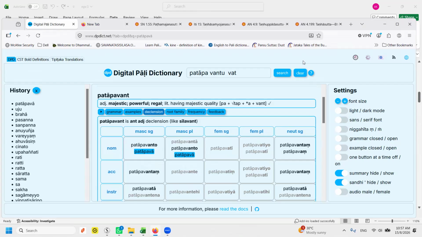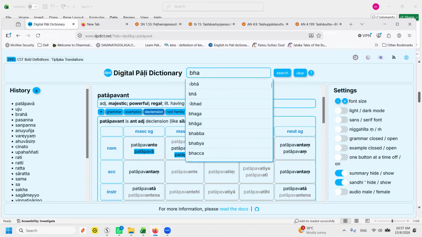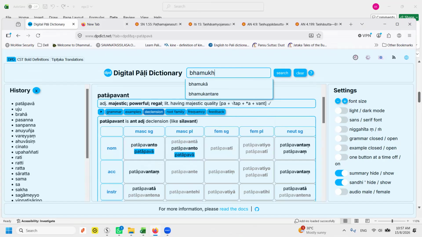Let me see the book: BHAMUKHO. BHA, BHAMU with a long U, then KHA, or O. One K only, HO, like that.